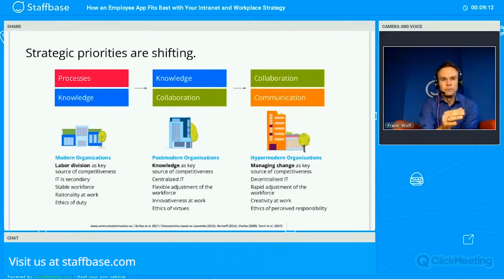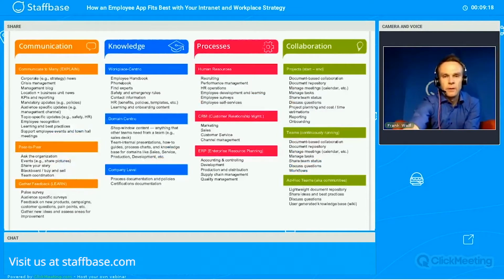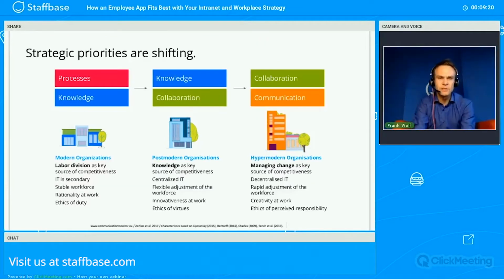And if you match these types of organizations with these processes that are just laid out here, you see that in the beginning, processes and knowledge were really important parts. Now, for knowledge organizations, it was a lot around knowledge repositories, about collaboration environments.